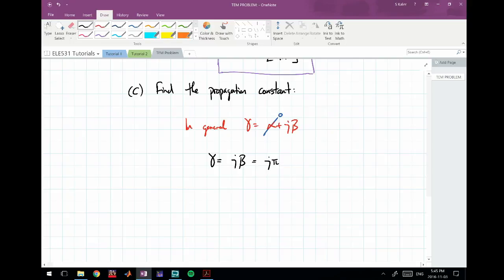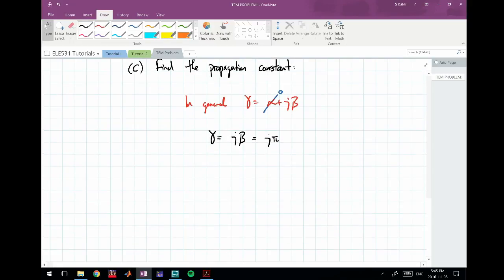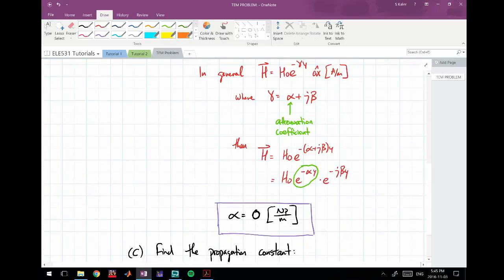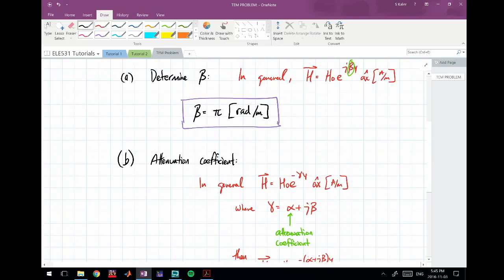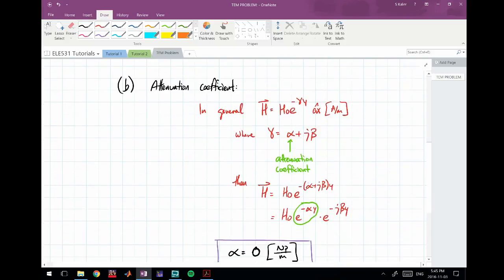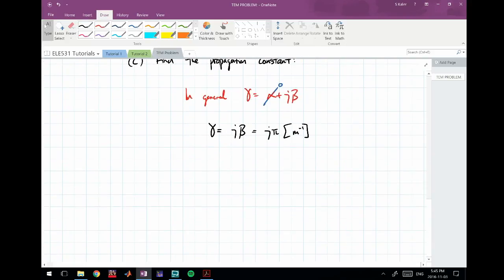Now, what are the units of gamma? You might think radians per meter, but that's actually not true. It's actually inverse meters. And now, how do you remember that? If you think about beta being defined as radians per meter, and then you think about j being defined as an angle, which is in radians, then radians times radians per meter should give you per meter.